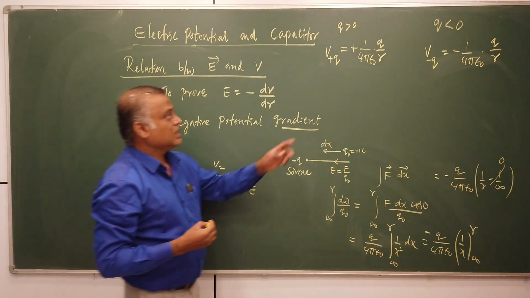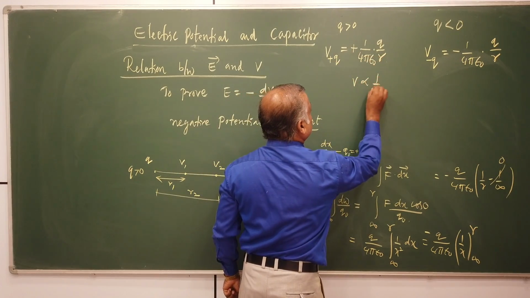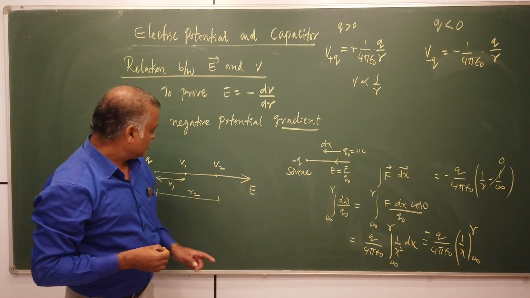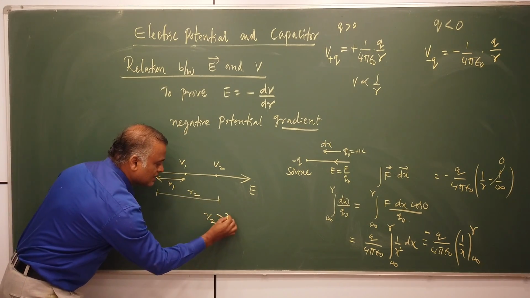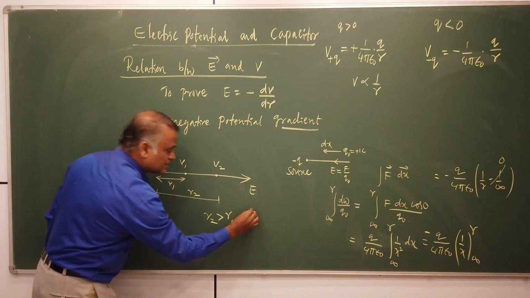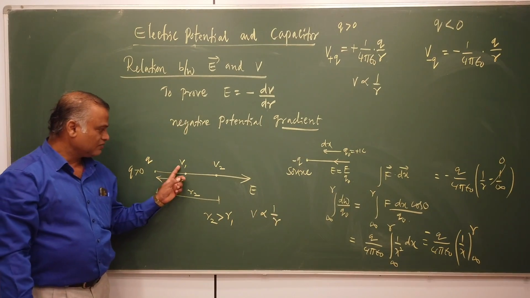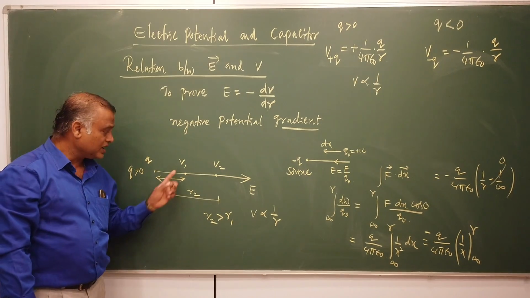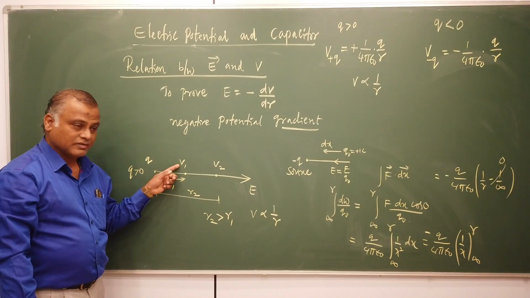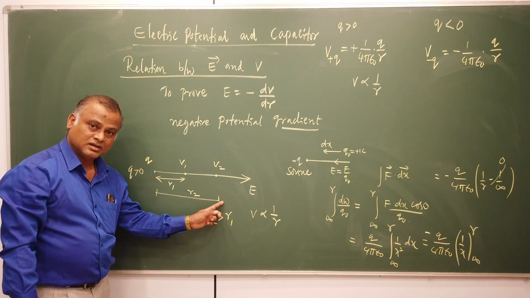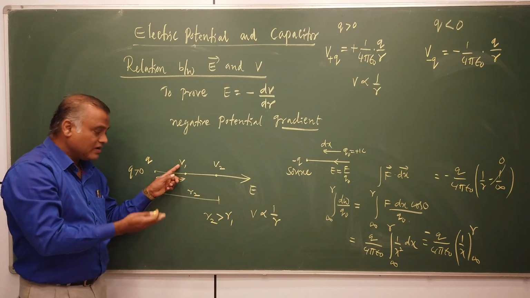Now as we studied how potential and distance are related, potential is inversely proportional to R. Here, if I say R2 is greater than R1, since V is inversely proportional to R, can you tell among V1 and V2 which point has greater potential? That is V1. As distance increases, potential decreases. Means V2 is lesser, V1 is greater.